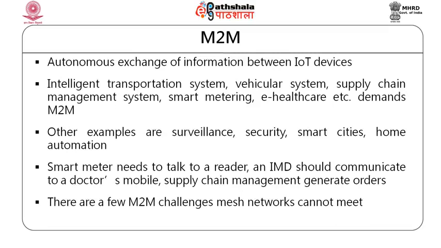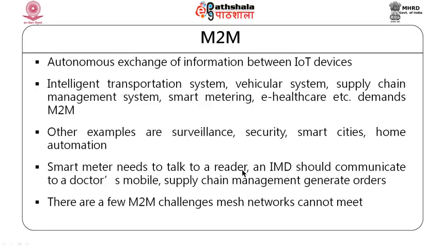Not only that, it should be able to communicate to a police van if it finds something, an object which should not be there, or find some harassment happening to human being somewhere, or somebody is running with a bomb or so. So, we will find something unusual and report back, and once that report is made, action should be taken. For that you require that machine to machine communication.